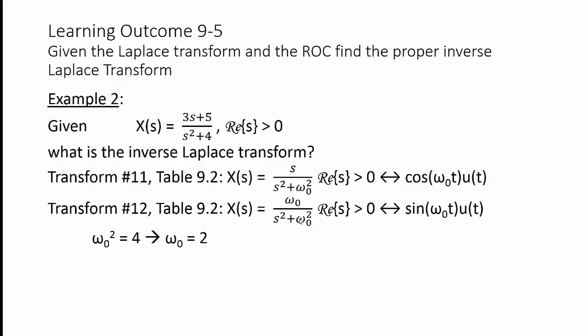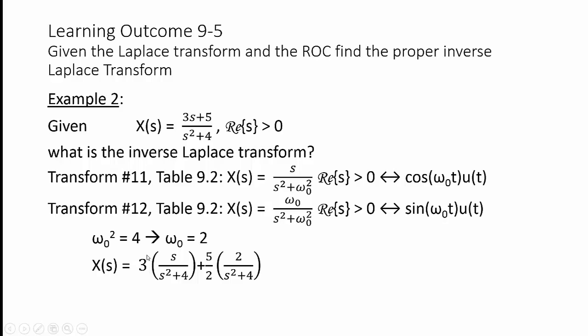We know omega 0 is 2, same as in the previous example. We know we're going to need a certain amount of the s divided by s squared plus omega 0 squared, and a certain amount of the omega 0 divided by s squared plus omega 0 squared. We need to look at the s term first. We've got a limited amount of s's. We know we have exactly 3 s's.